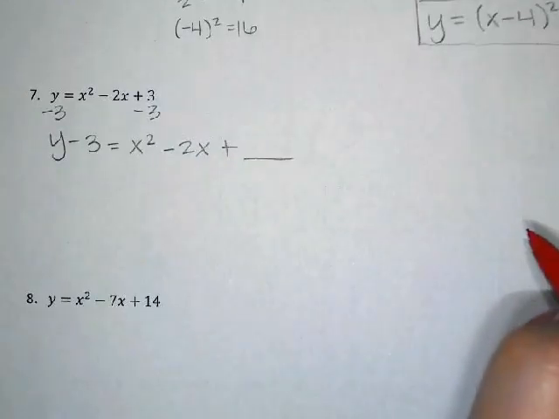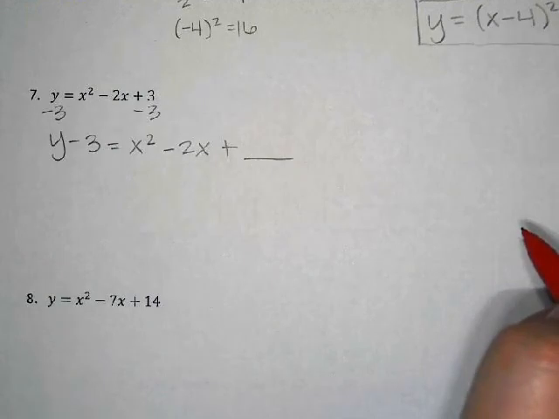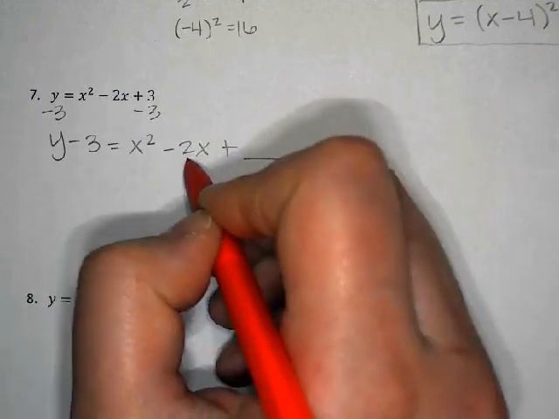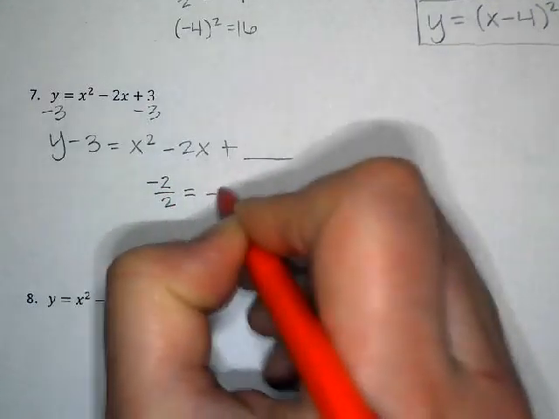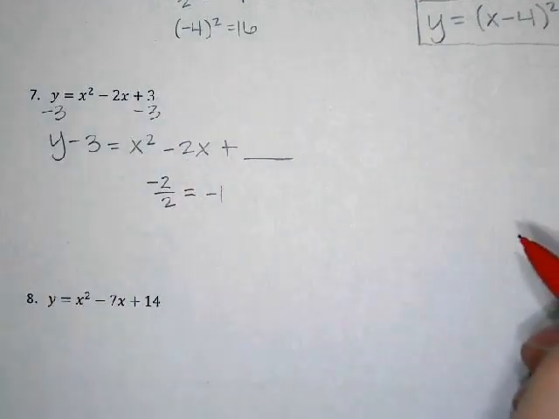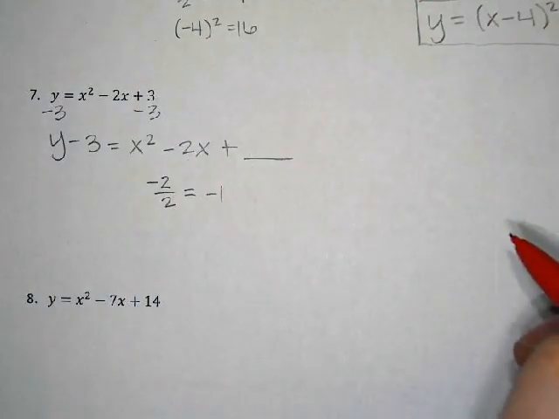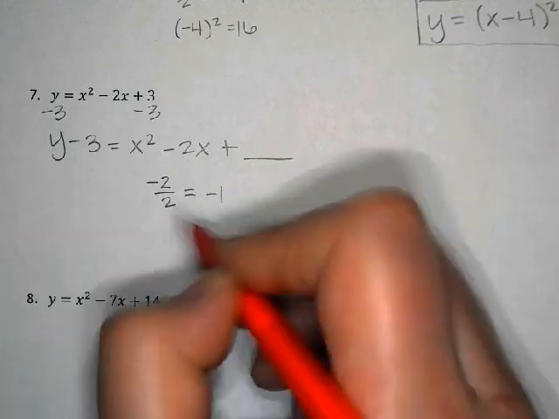And then what do we do? Divide by 2. So negative 2 divided by 2 is negative 1. And we square it. Negative 1 squared is 1. Okay.